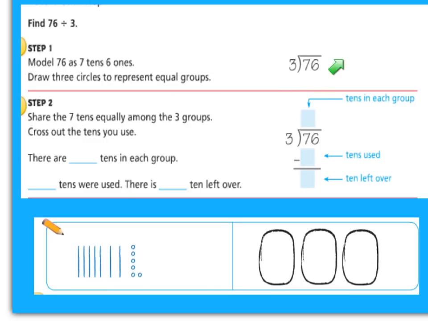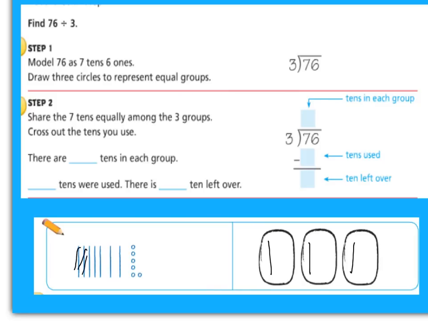But using this method here, we are going to start to show you the regular algorithm that your parents know. So, we're going to start by sharing those 7 10s equally. So I have 10, 20, 30. Let's cross those off.